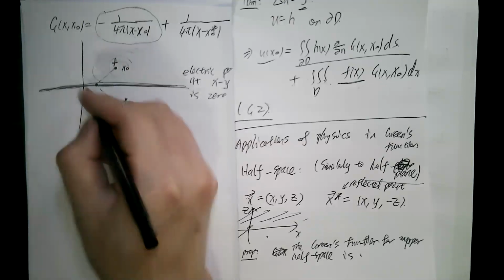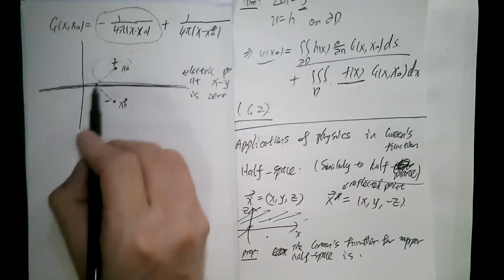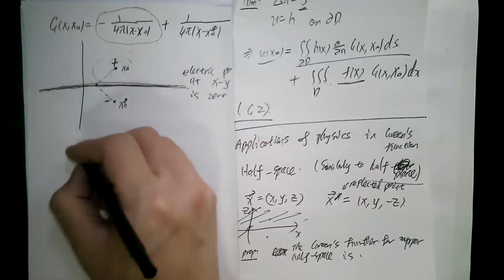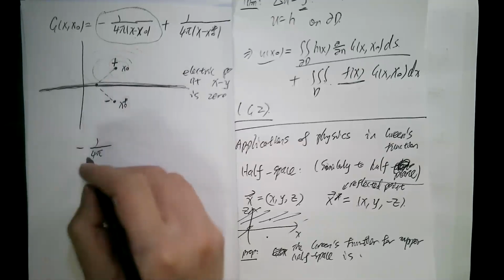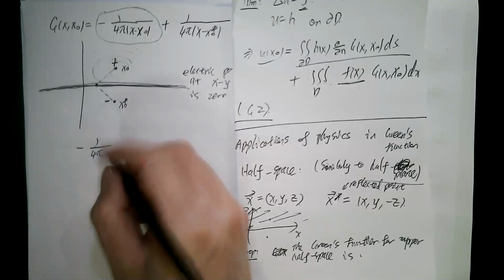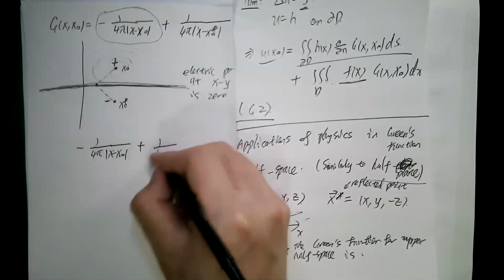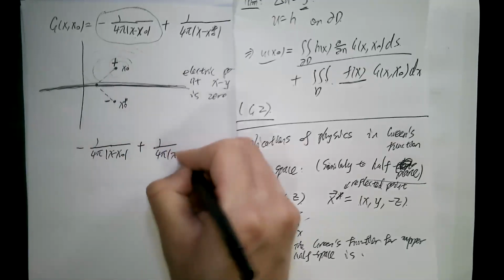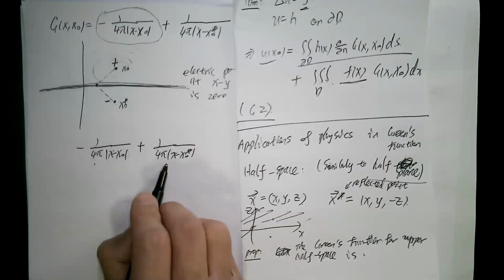So the electric potential at this point on the xy plane is equal to minus 1 over 4 pi |x minus x0| plus 1 over 4 pi |x minus x0 star|, because one is positive, one is negative.